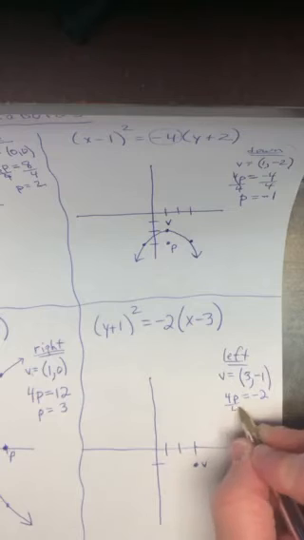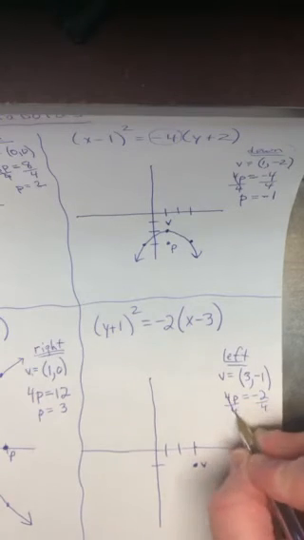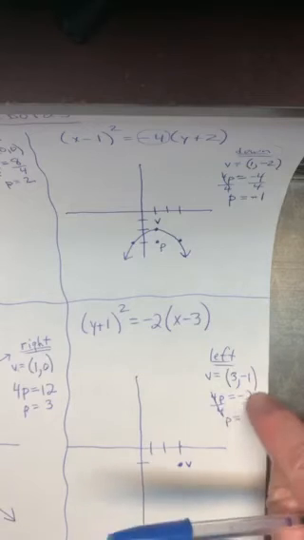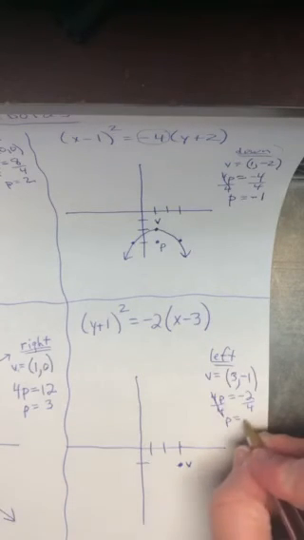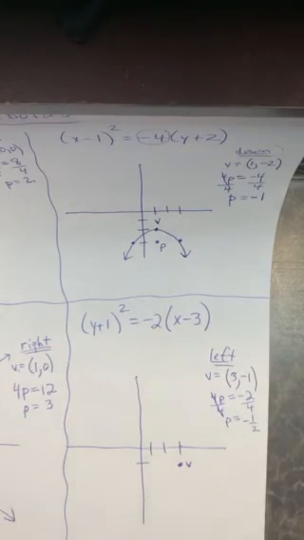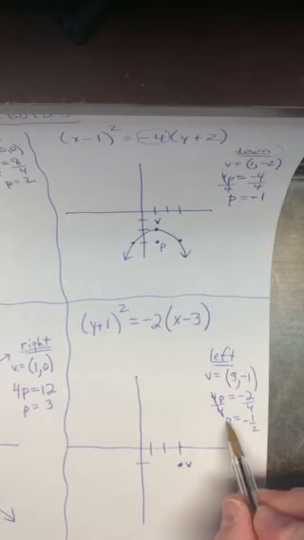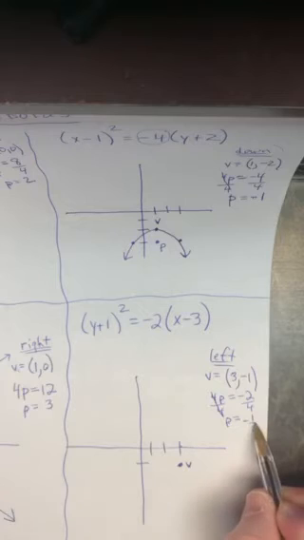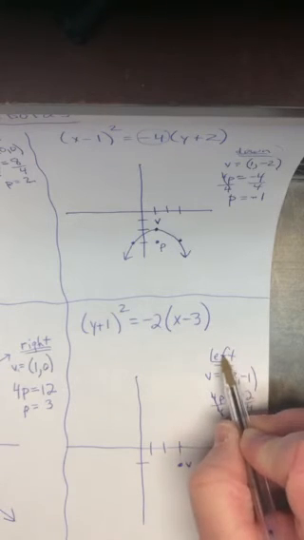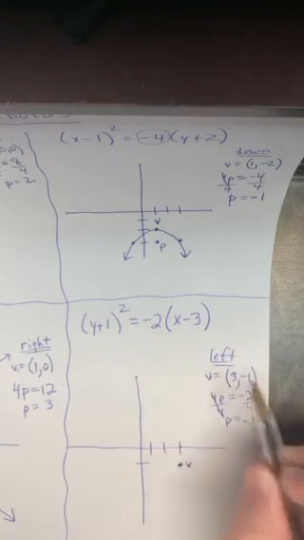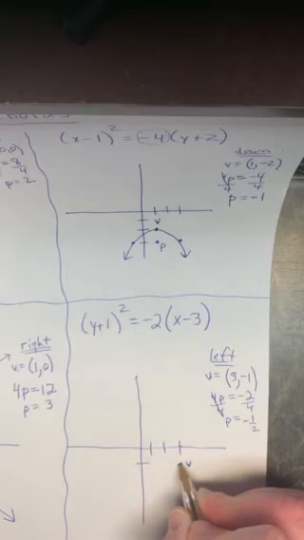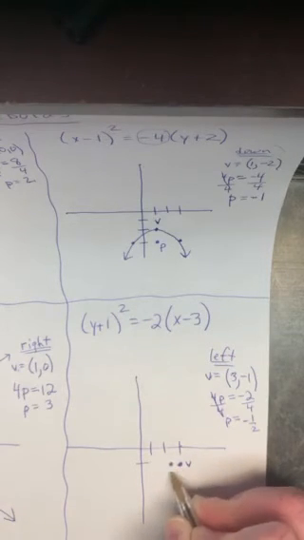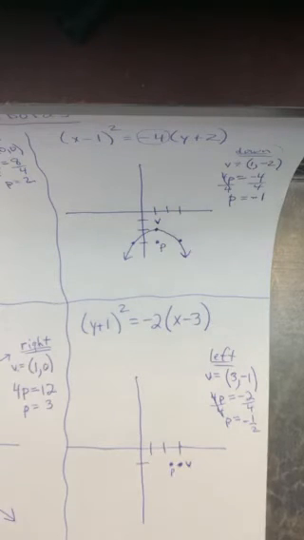When I divide by 4, p is what? Do you agree that -2/4 reduces to -1/2? So I've got a point that's, now it says -1/2 because it's 1/2 to the left of the vertex. So I go to my vertex and I go 1/2 of an inch to the left. And there's my important point.